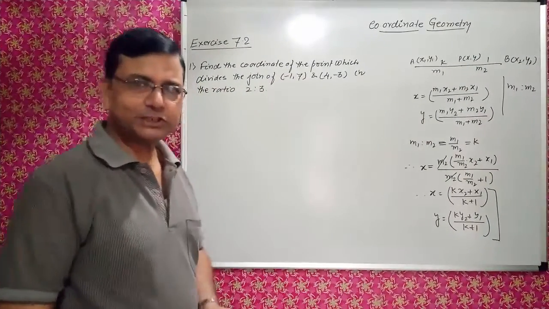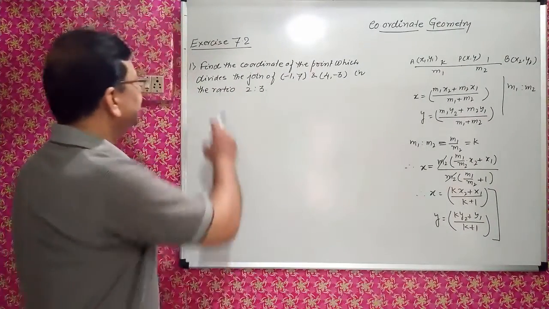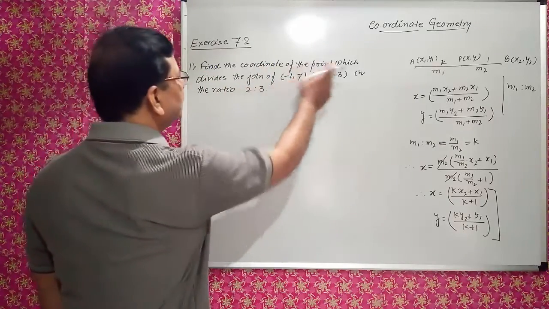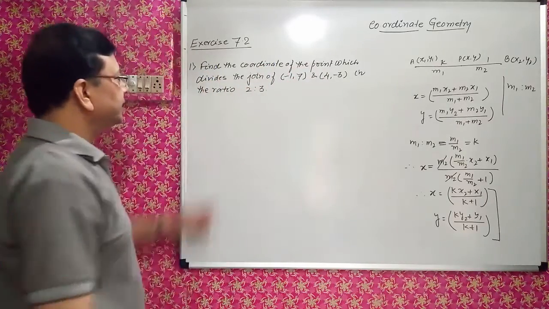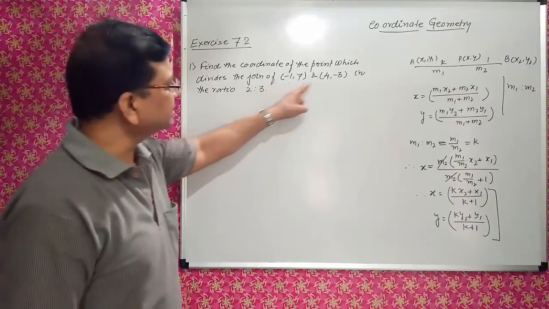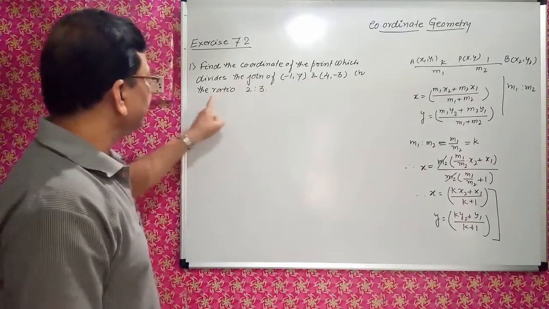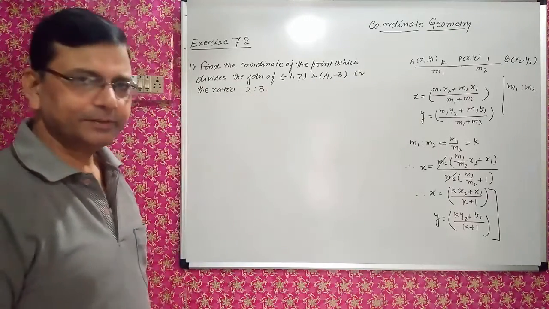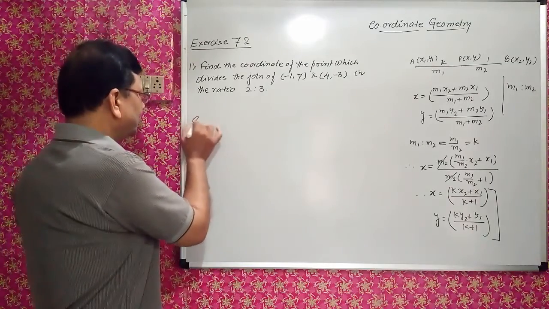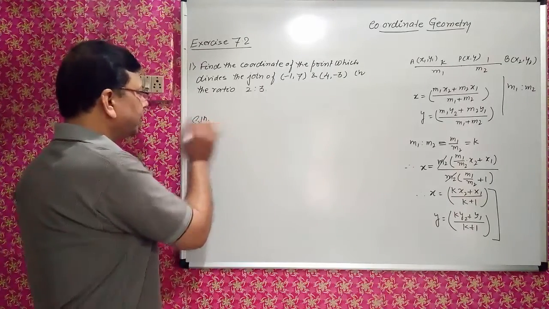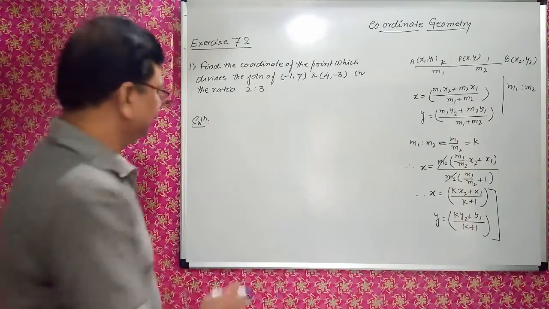So this is the first question. Question tells, find the coordinates of the point which divides the join of these 2 points in the ratio of 2 is to 3. Right? So for the solution, I will make the line segment.